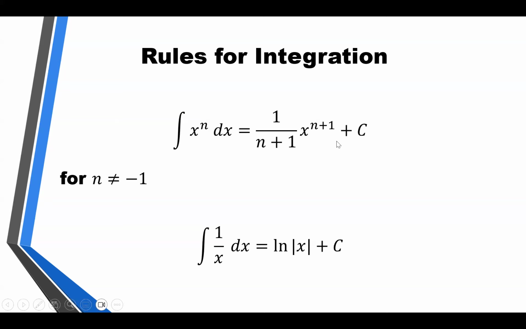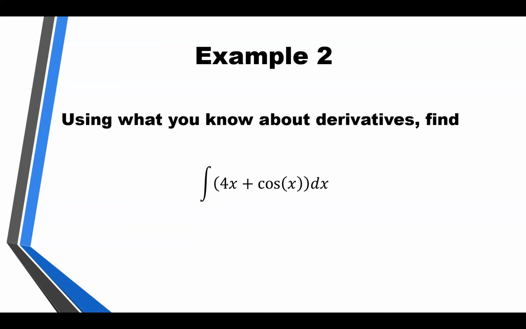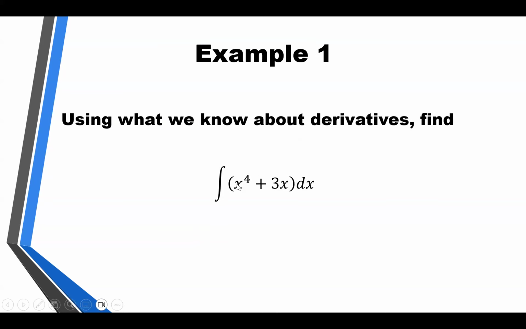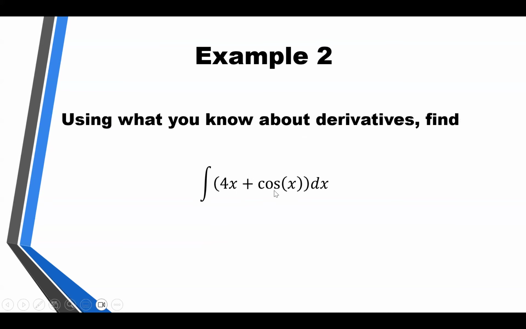So take x to the n plus 1 power, and then take the coefficient, now here it was 1, and divide it by n plus 1. That's what we were doing here with x to the fourth. We said, oh, that's going to be x to the fifth times 1/5 out front. When we did that here, we did x squared times 3/2 out front.